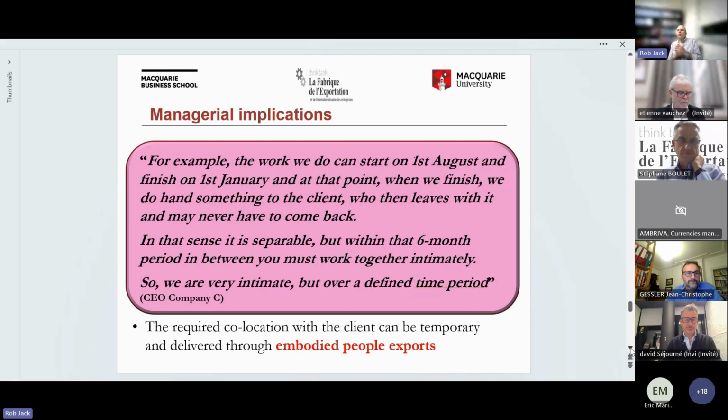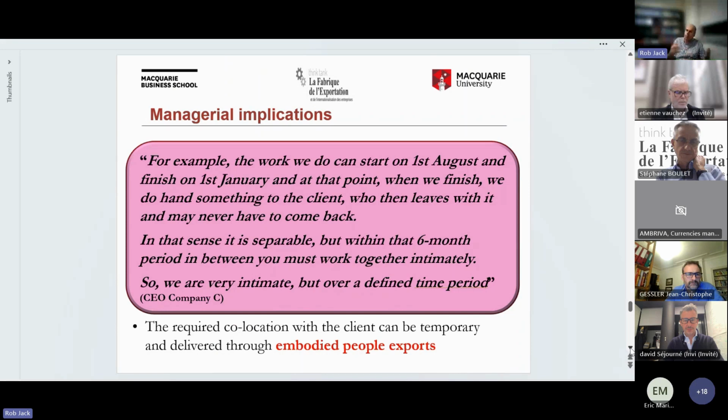"For example, the work we do can start on the 1st of August, finish on the 1st of January. And at that point, when we finish, we do hand something over to the client, who then leaves with it and may never come back to us. In that sense, it is separable. But within that 6-month period, we must work together intimately." So it's very intimate, very interactive, but over a defined time period.